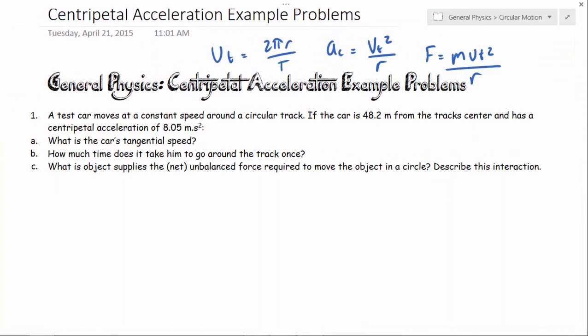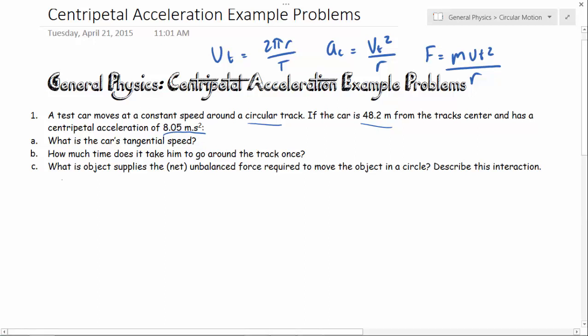We're going to be able to use these to solve some problems. The first problem has a test car moving at a constant speed around a circular track, so we know we're talking about circular motion. If the car is 48.2 meters from the track's center, so there's some information about the radius, and has a centripetal acceleration of 8.05 meters per second squared, what is the tangential speed of the car?